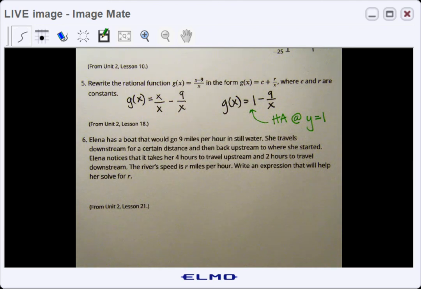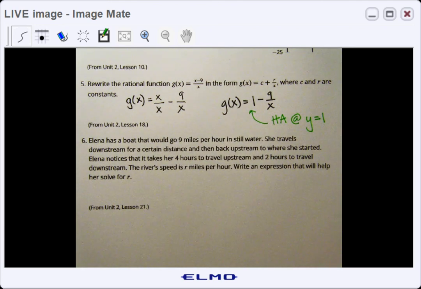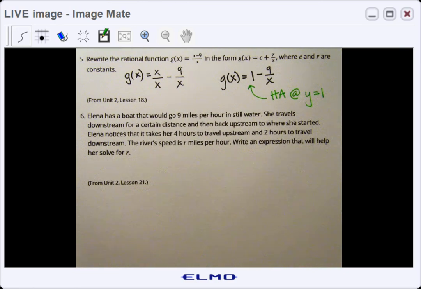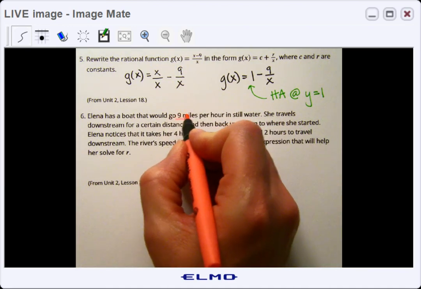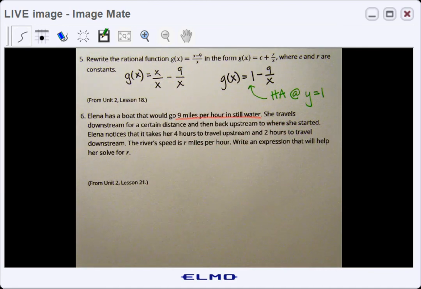All right, number 6, Elena has a boat that would go 9 miles per hour in still water. So 9 miles per hour in still water, that is like the speed of the boat. She travels downstream.